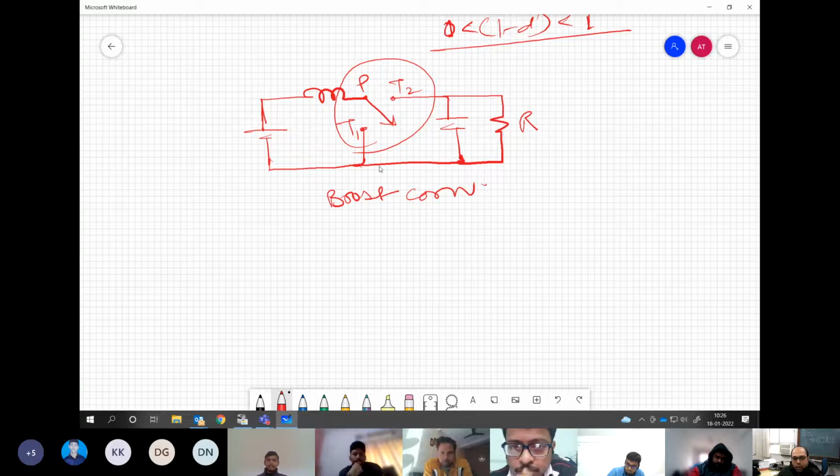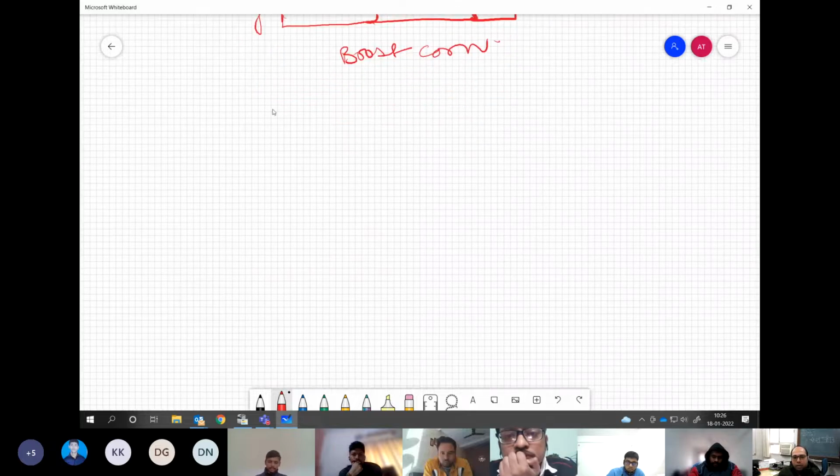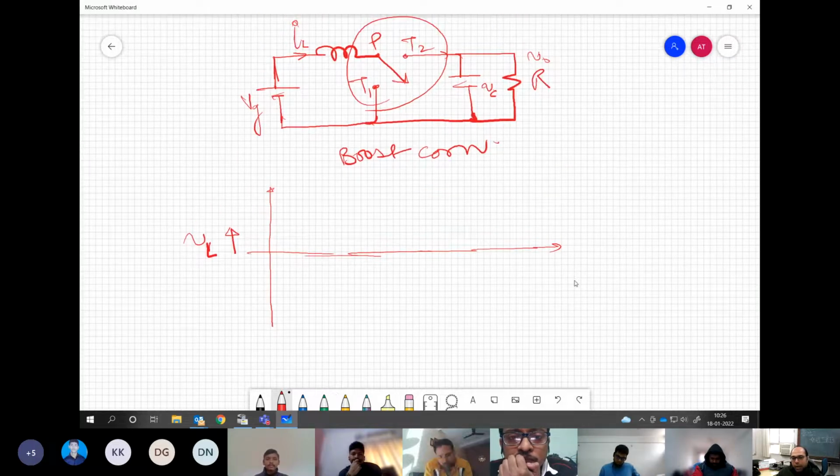Now, if we have to draw the current and voltage waveforms for this kind of circuit, for the capacitor or output voltage and all these things, we can utilize the similar concepts we learned for the buck converter. First, let's draw the inductor voltage, because that is what dictates how the inductor current is going to behave. When we are operating PT1, what is the inductor voltage?